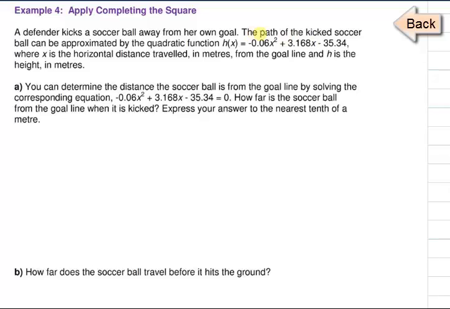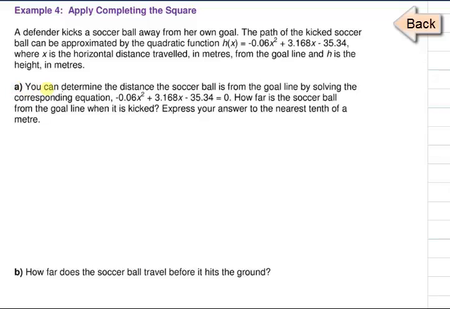The path of the kicked soccer ball can be approximated by the quadratic function h of x equals negative 0.06x squared plus 3.168x minus 35.34, where x is the horizontal distance traveled in meters from the goal line and h is the height in meters. We're talking about the soccer ball, the horizontal distance that it travels and the height of the ball.